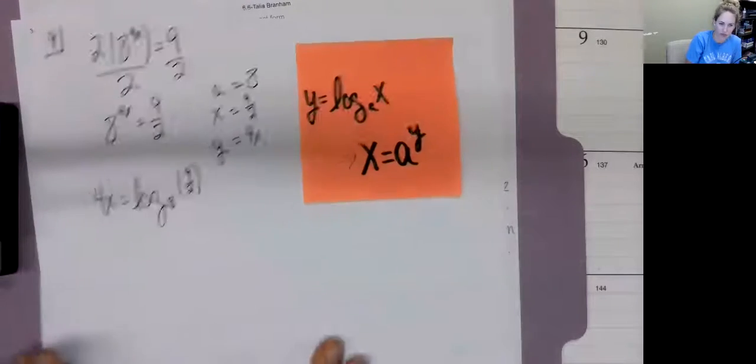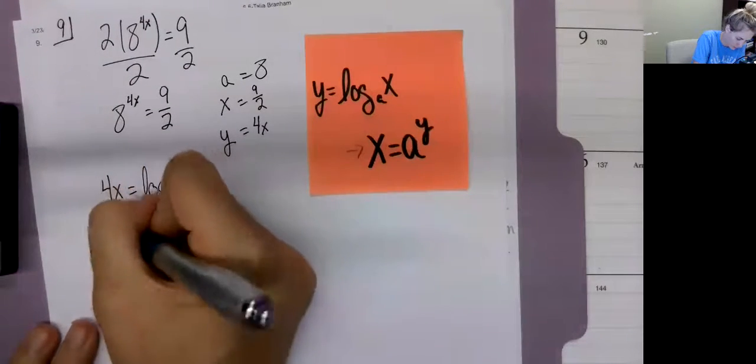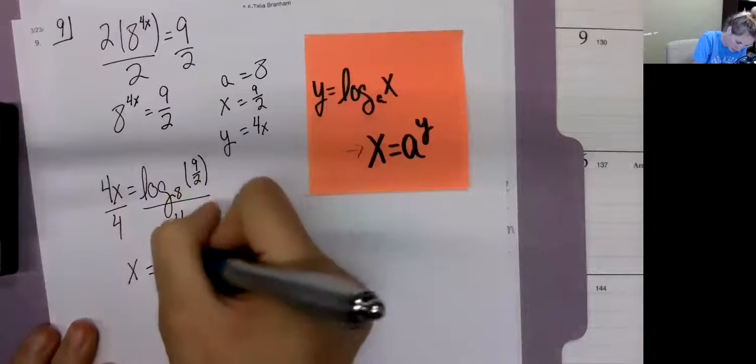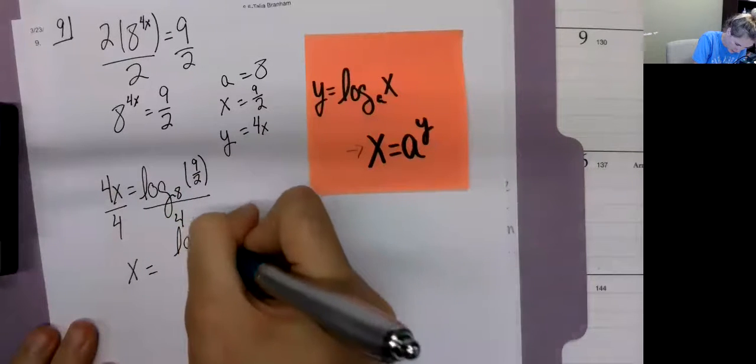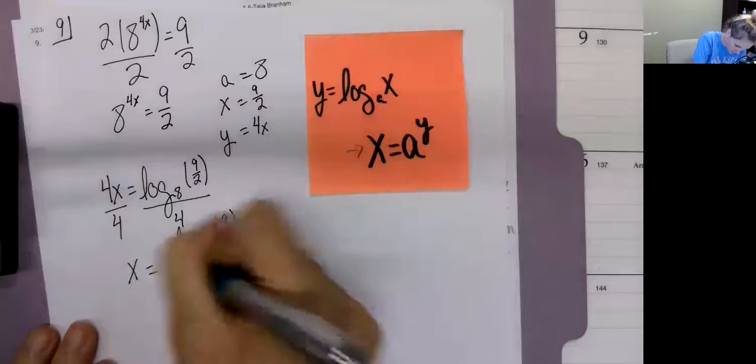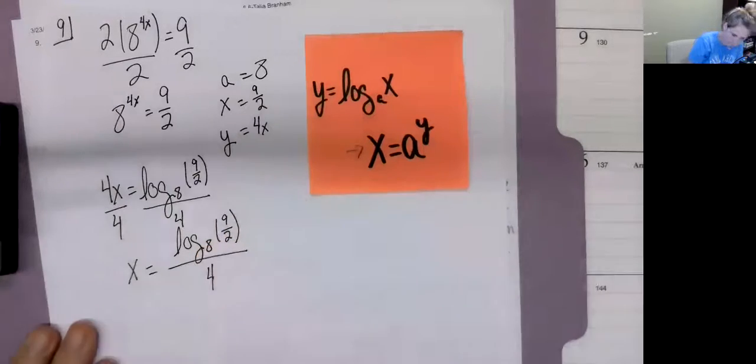Now I'm solving for x, so we're just going to divide by 4. So x equals log base 8 of 9 halves all over 4.